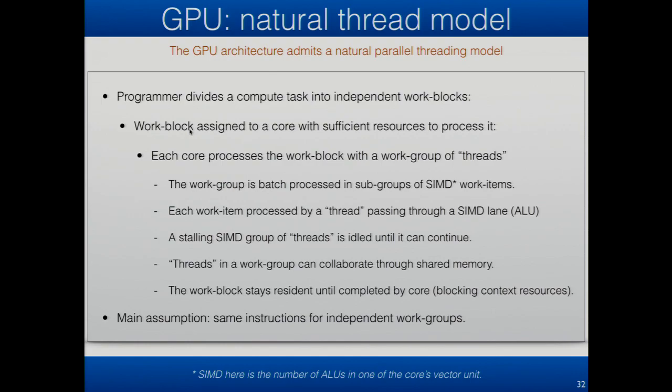The work block should be assigned to a core with sufficient resources to process it, because when you start up that subtask on the core, it's going to have to stay resident on that core until it finishes. Hardware context switching doesn't move data in and out of that core. It just changes which context the threads are working on. So we'll see that a bit later on.